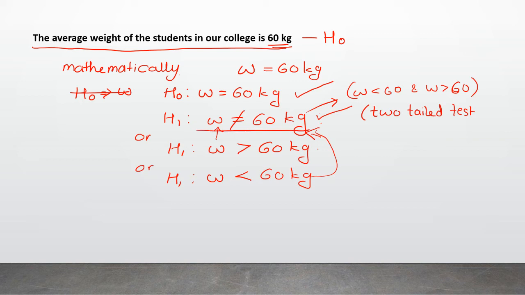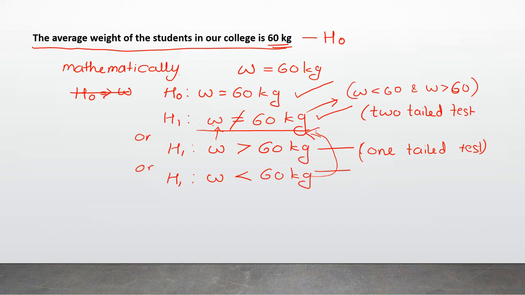And weight strictly greater than 60 kg or weight strictly less than 60 kg are called one-tailed tests, because they are only going in one direction.